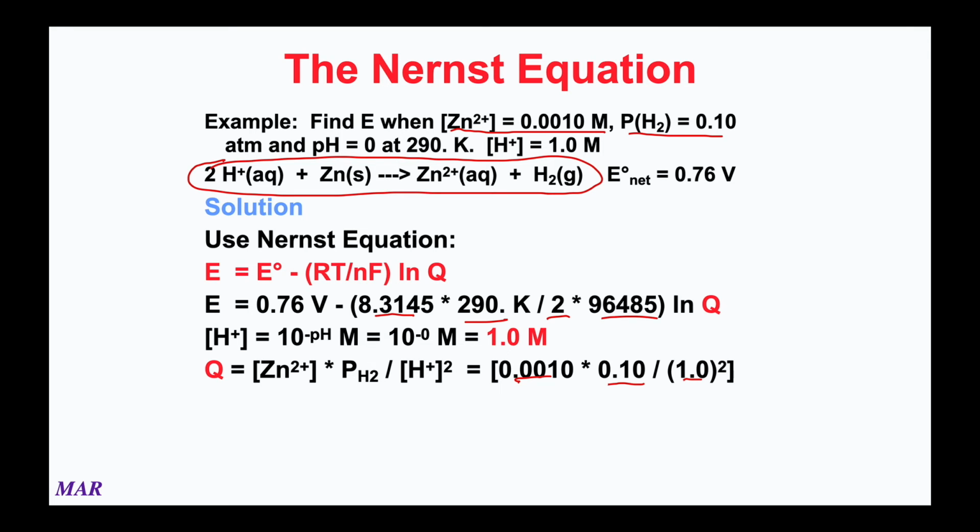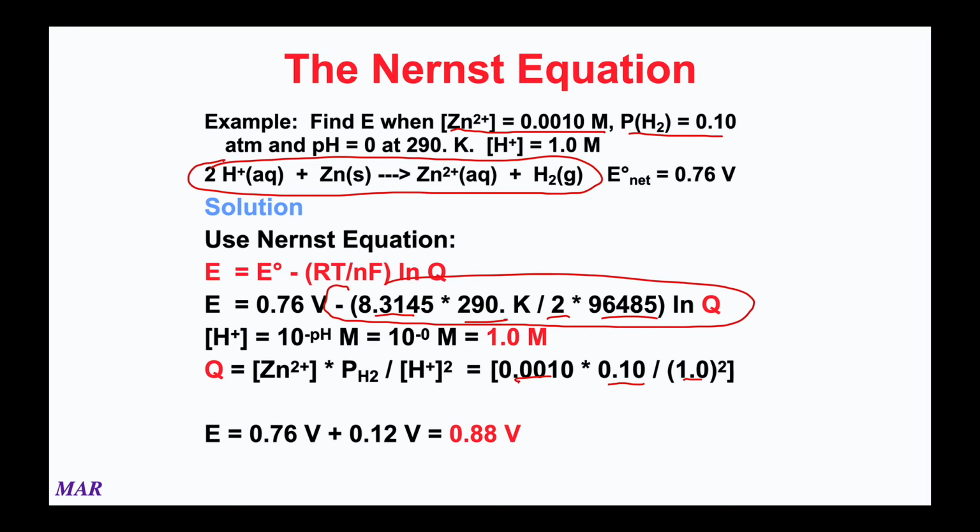You can solve for Q this way. If you do all this right, you go minus RT over NF and then natural log of all this stuff right here, you should get for all of that positive 0.12 volts. So the cell potential of our non-standard conditions is 0.88 volts.